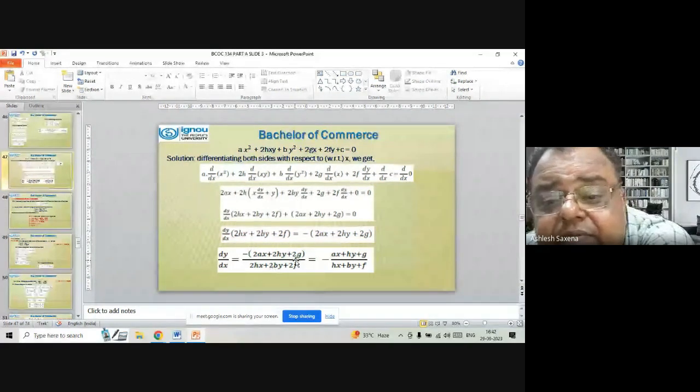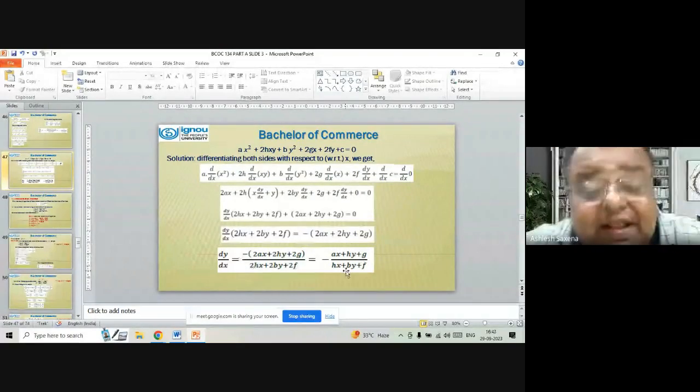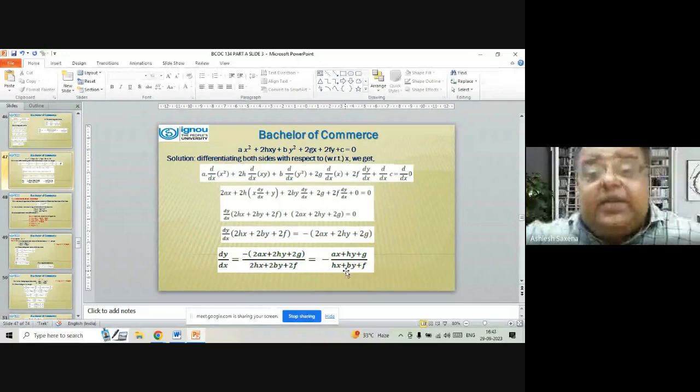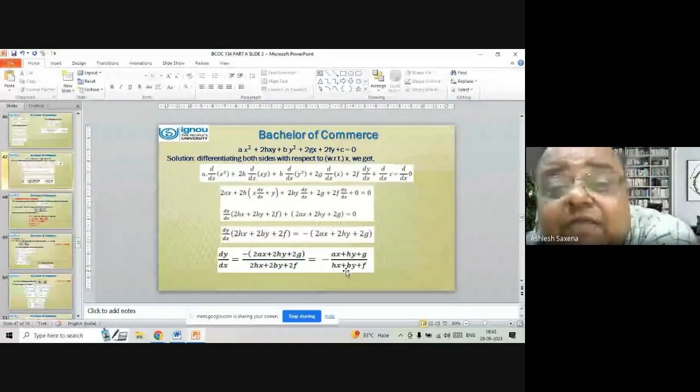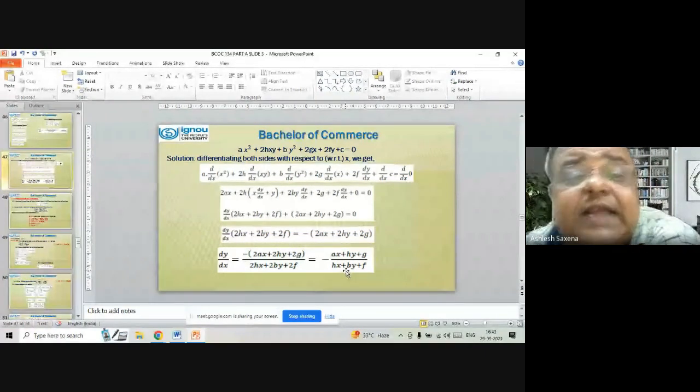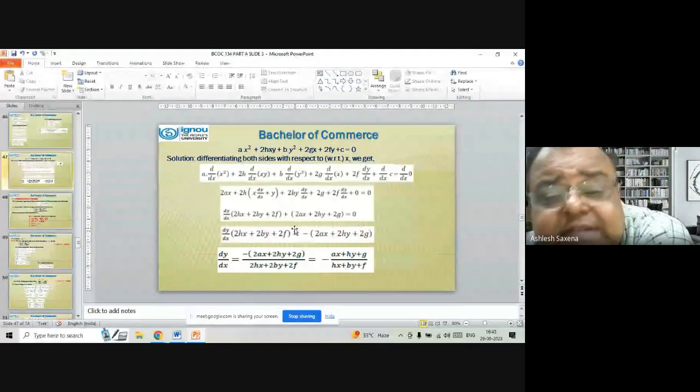Here in the numerator, I can see that there is 2 in every element. Easier to understand because we have x and y. These type of functions where we have x and y together are known as implicit functions. They have to be solved, and they will be solved in the same way what we do it.